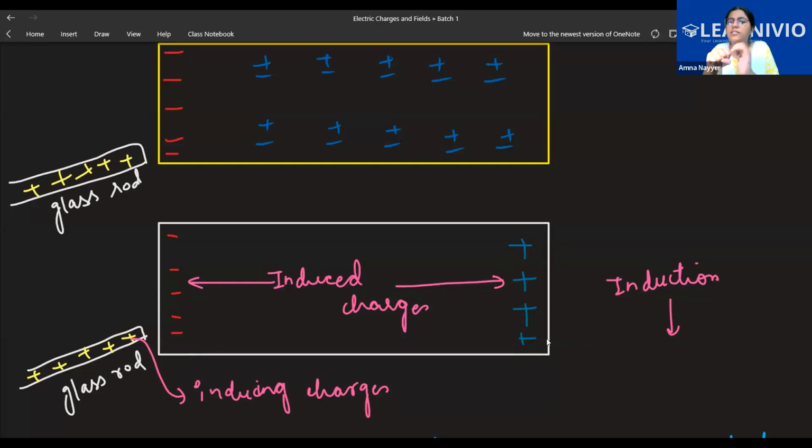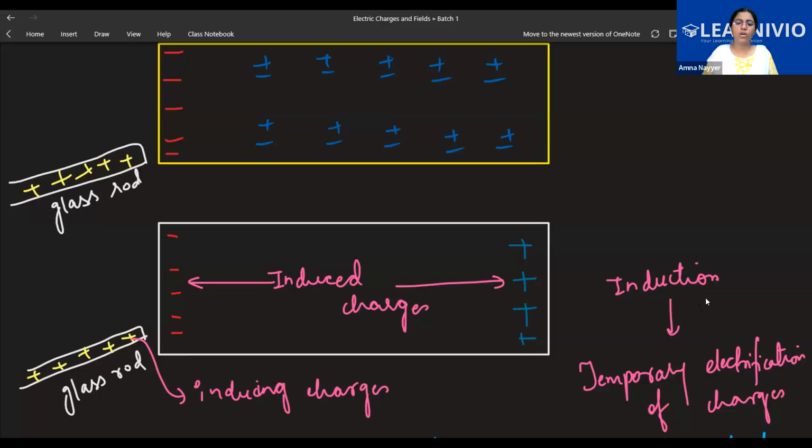So negative and positive will recombine and it will again become neutral. This means till the time I'm holding the glass rod, the charges are separated, so this process is basically temporary electrification of charges. Got it? Yes, ma'am.